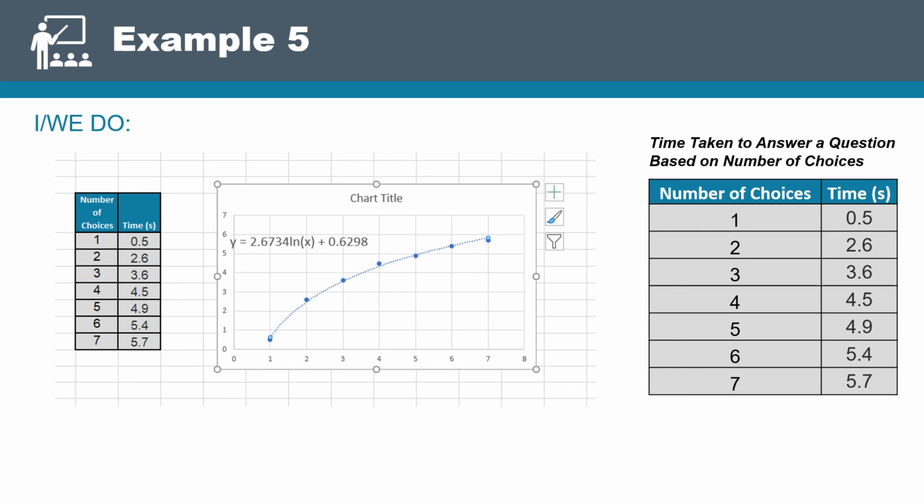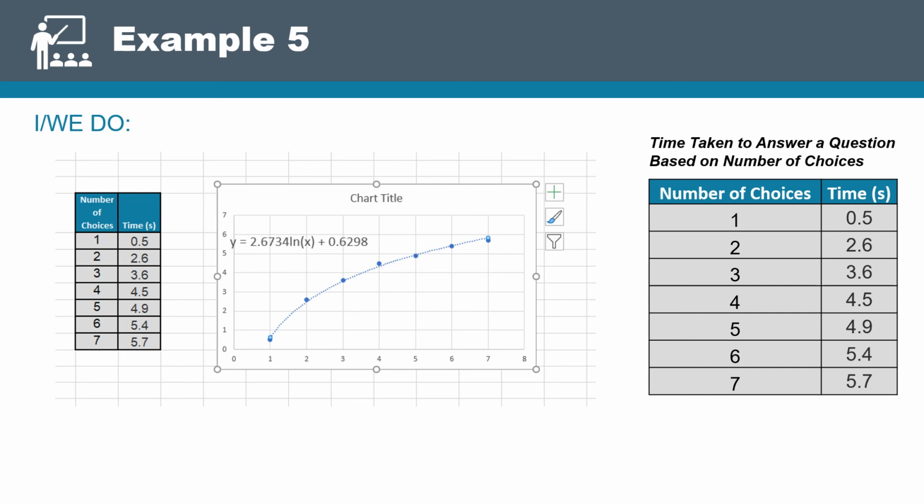So again, put your table, select it, click insert, and then select the chart, the scatter plot.